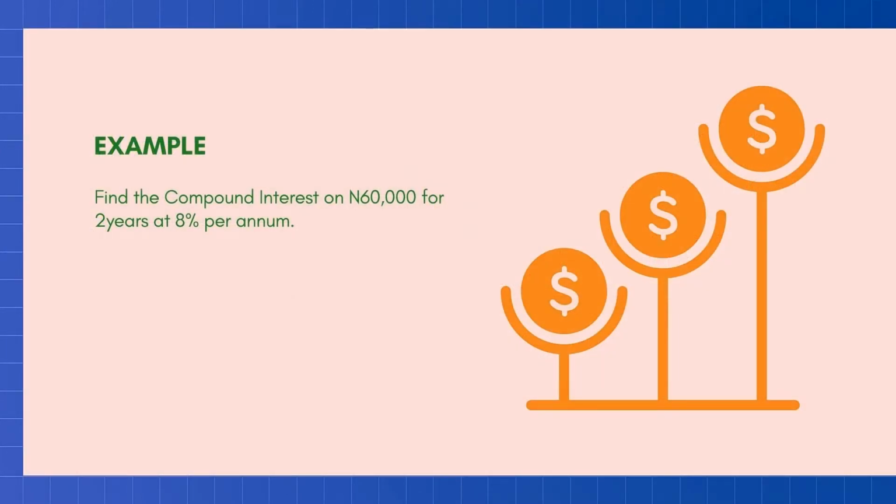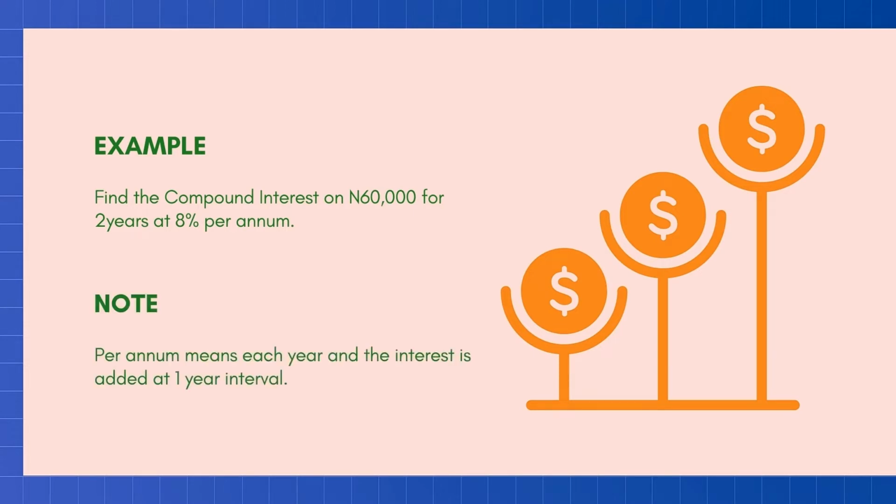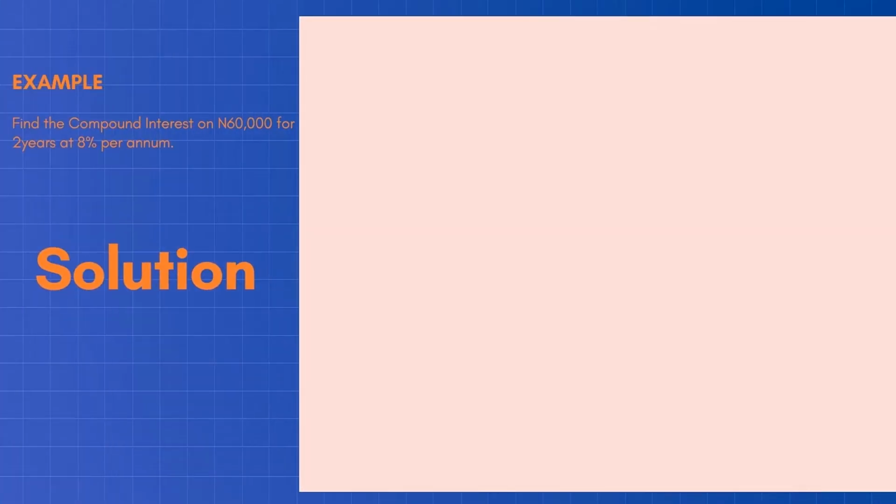Now, how do you find the compound interest on 60,000 naira for 2 years at 8% per annum? Please note that per annum means each year and the interest is added at 1 year interval. Solution. In the first year, you use the formula I equals PRT over 100 to calculate the interest.